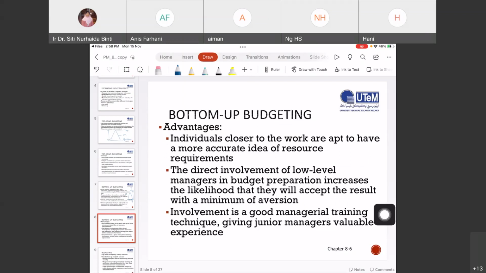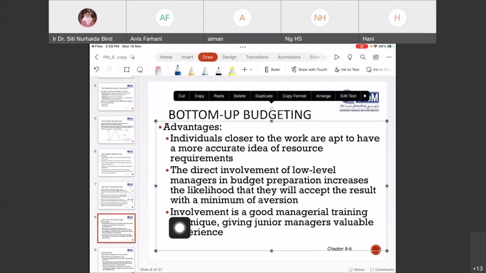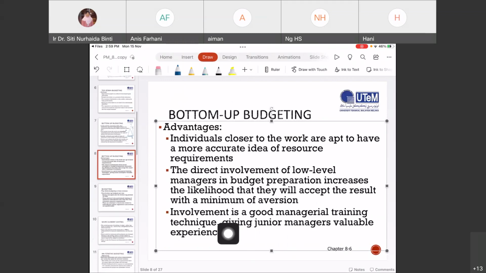Meaning to say, if you involve the lower management, they will accept it more positively as compared to the top-down budget. The involvement is also a good managerial training technique, giving junior managers valuable experience.